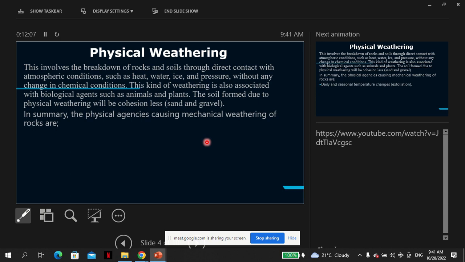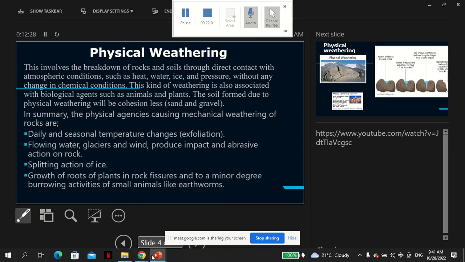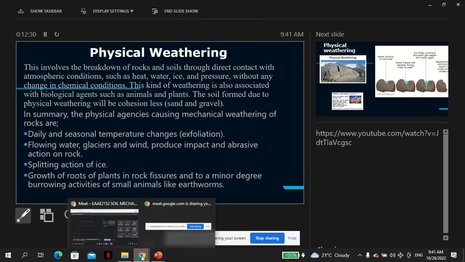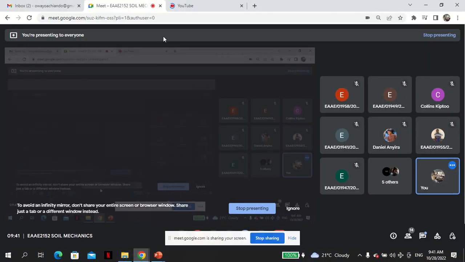Physical weathering or breakdown occurs through direct contact with atmospheric conditions such as heat, water, ice, and pressure, also wind, without any change in chemical conditions. So in physical weathering there's no chemical change. We talk about agents, which might also involve biological ones: human beings, animals.